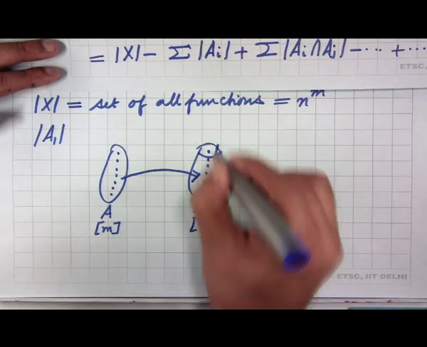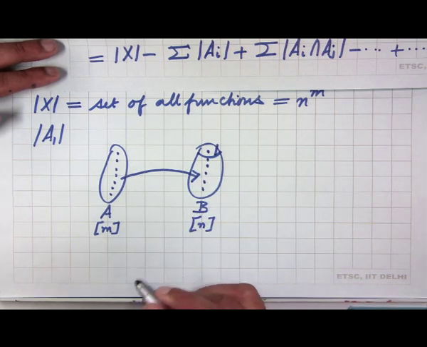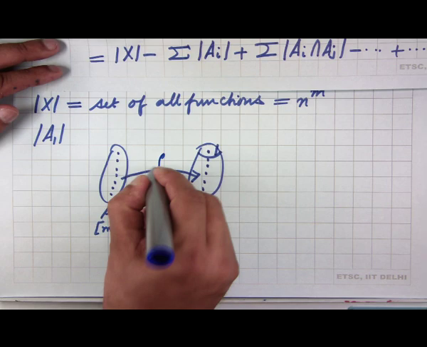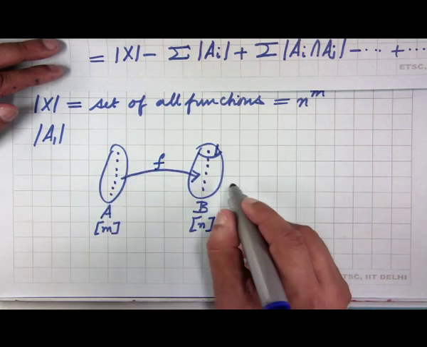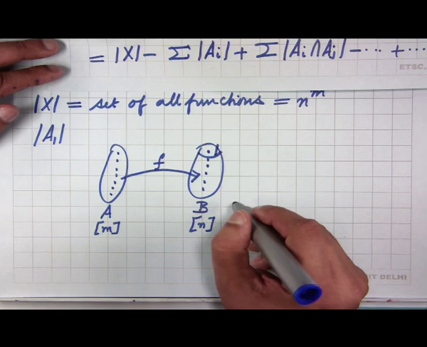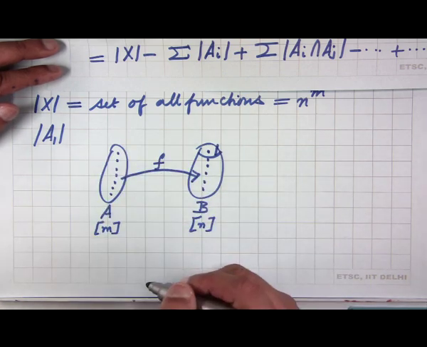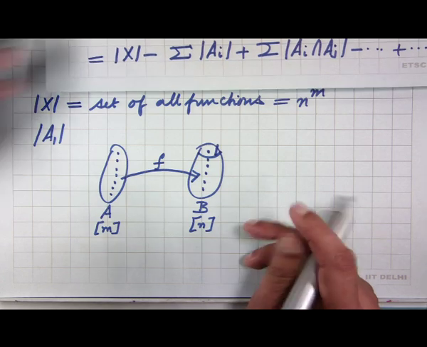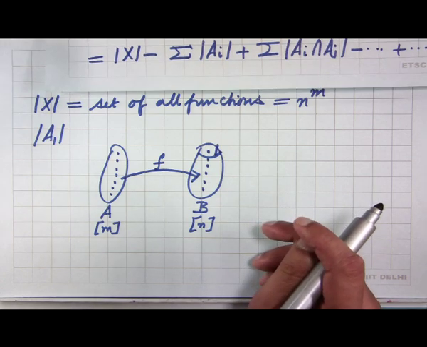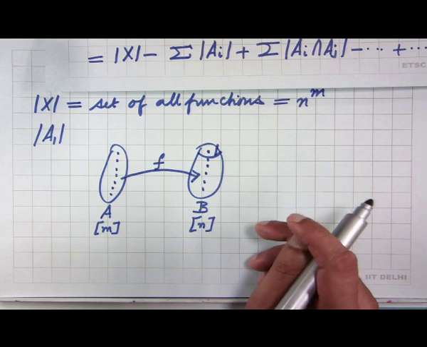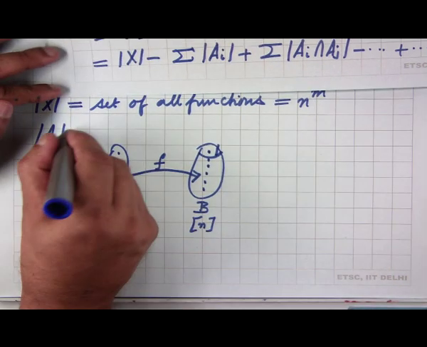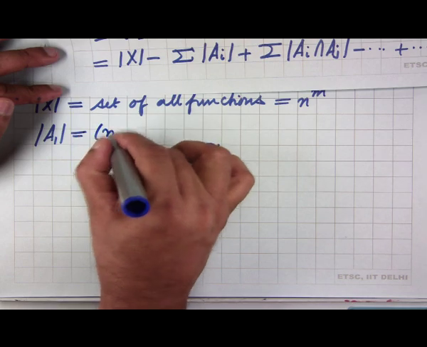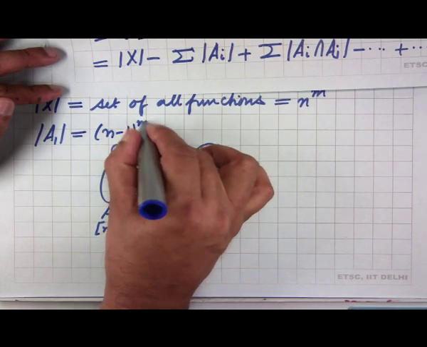So let me factor this out. And let me look at all those functions f that go from A to B minus a single element. Now, each of these m elements therefore has n minus 1 choices, and therefore the total number of such functions is n minus 1 to the power of m.